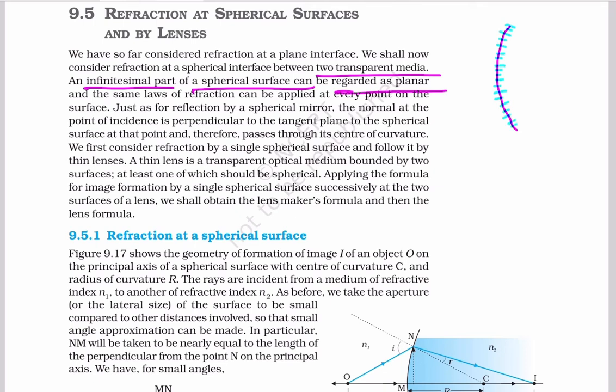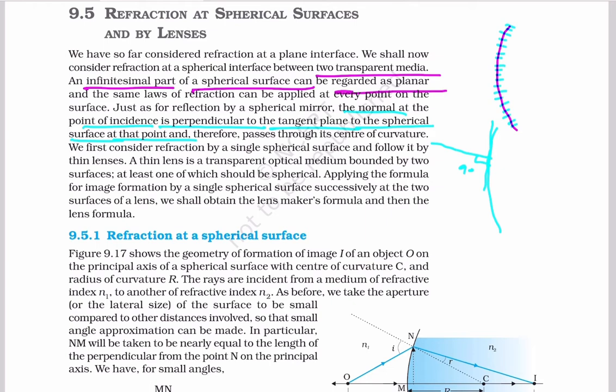Just as for reflection by a spherical mirror, the normal at the point of incidence is perpendicular to the tangent plane to the spherical surface at that point. So how can we draw a normal to the spherical surface? For drawing the normal at any point of incidence, we draw a perpendicular to the tangent. Suppose this is a tangent, so the normal will be perpendicular to this tangent.